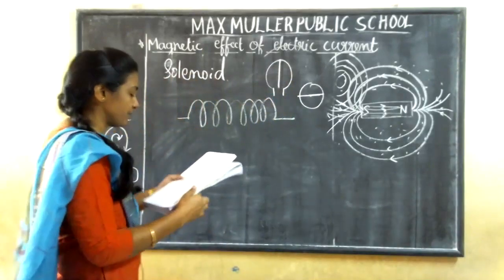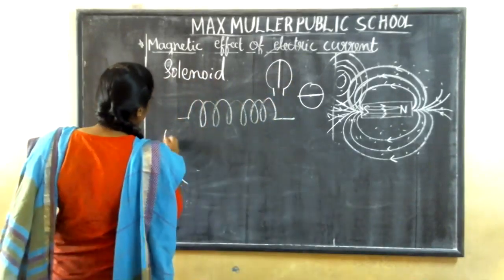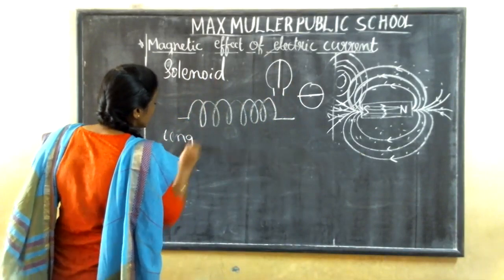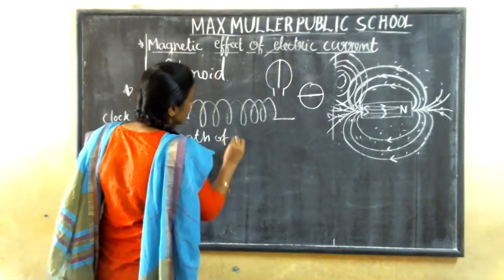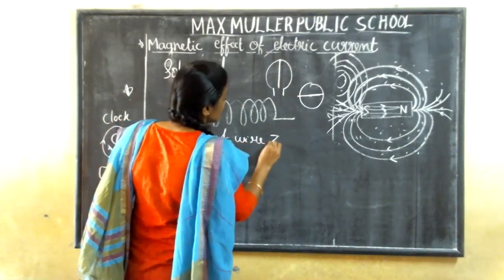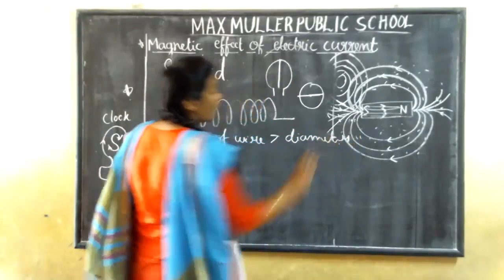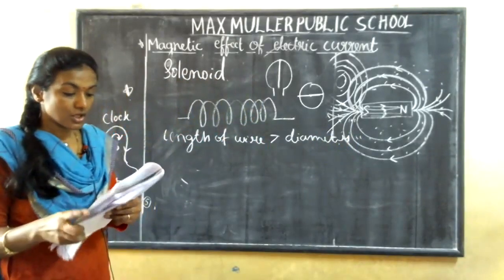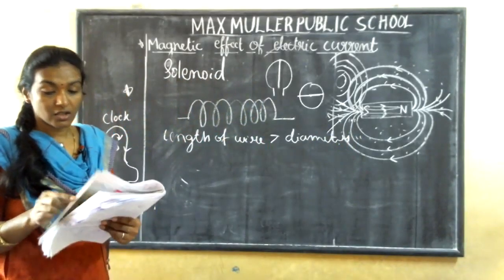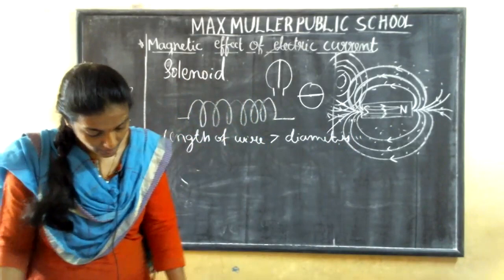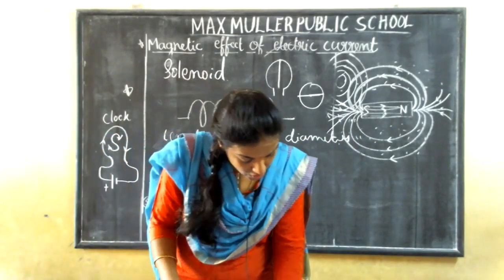So the length of the wire should be greater than the diameter. Understood? So you are keeping them in a circular loop. This is called a solenoid.